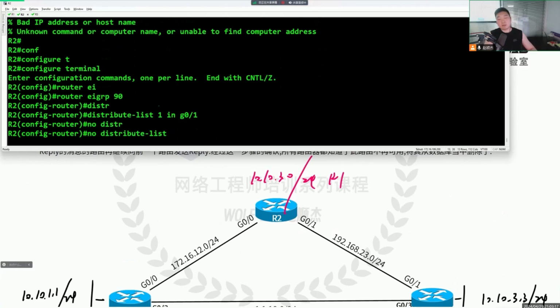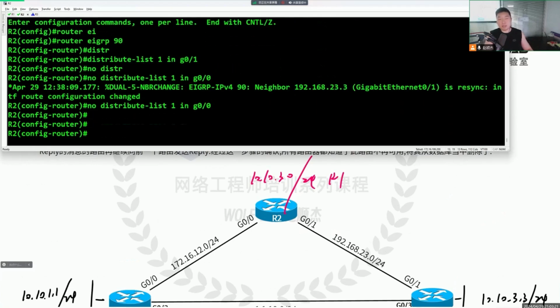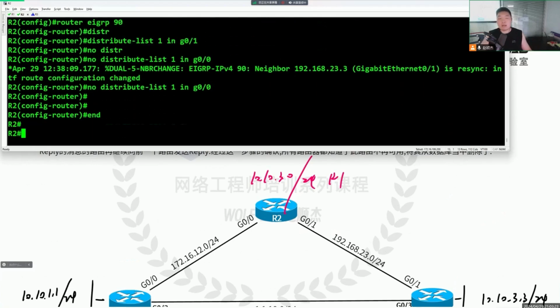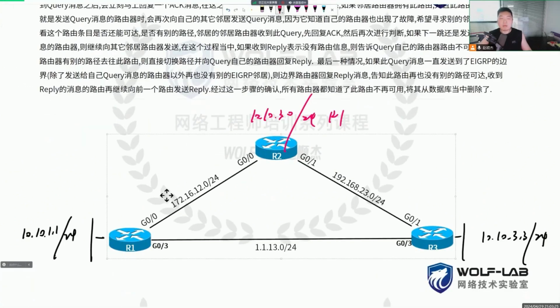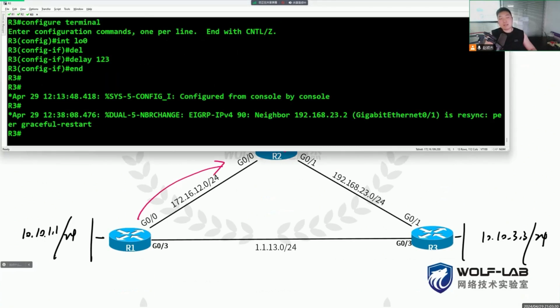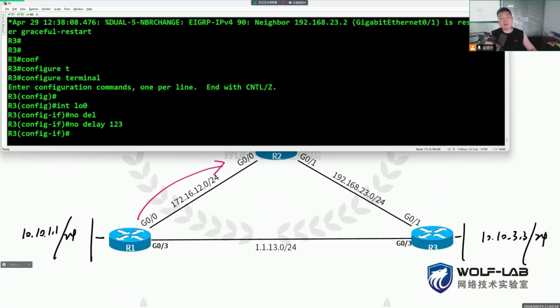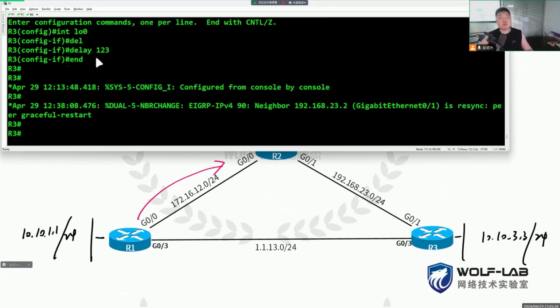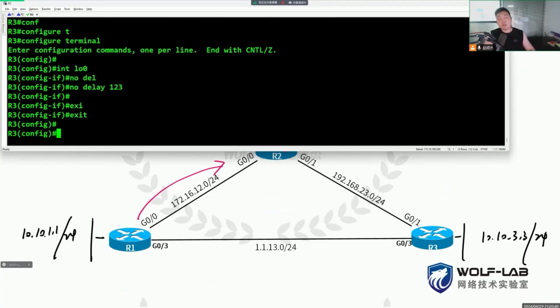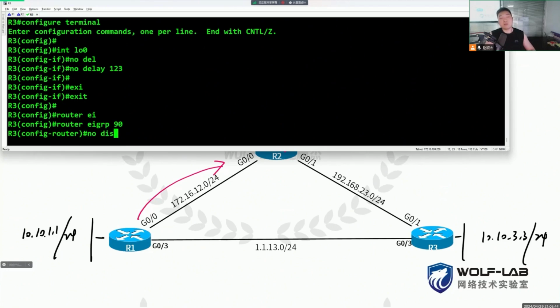We said when we finished the last class, what is the triggered update of the routing entry? We have changed the delay, so we go to router EIGRP 90, no filter, for the 10.10.3.0 routing entry filter, so that R3 can announce this 10.10.3.0 route to our R1. Then now R2 just can't receive routing entries from the right.